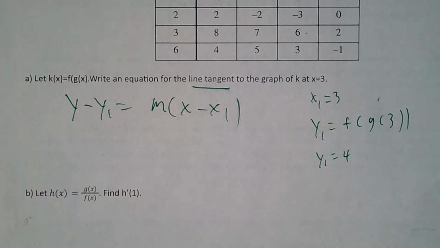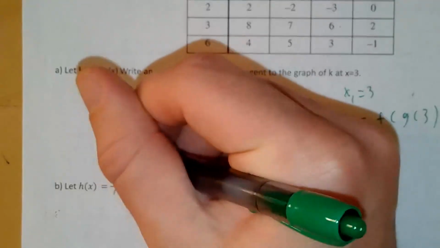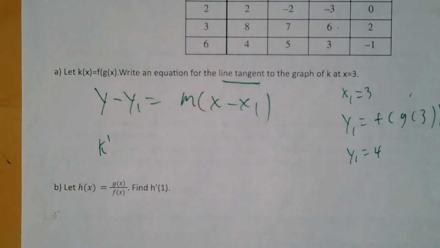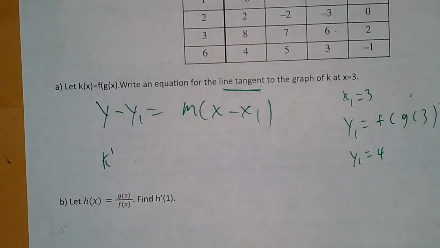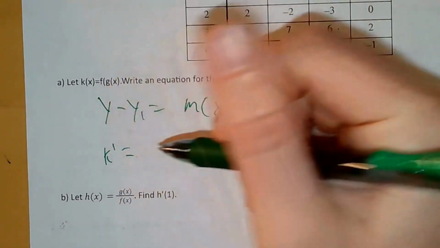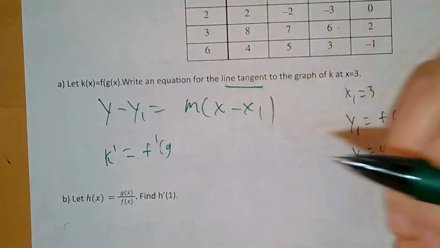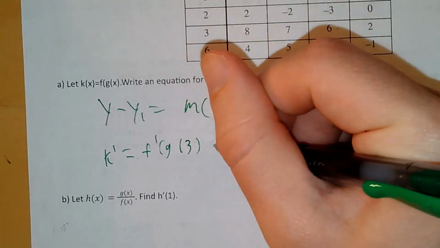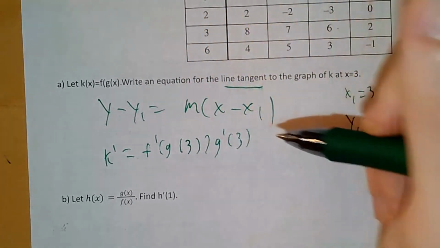So I need slope. I need k prime, which is going to be, so this is chain rule. It's going to be the derivative of f at g of 3 times the derivative of g at 3.